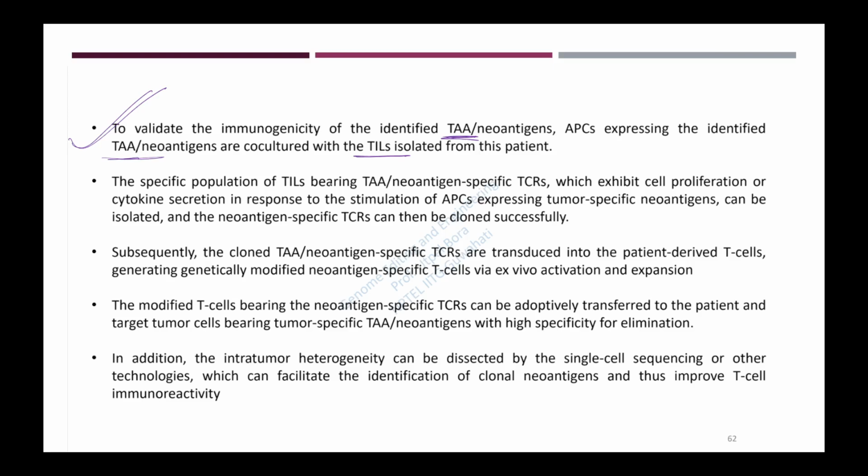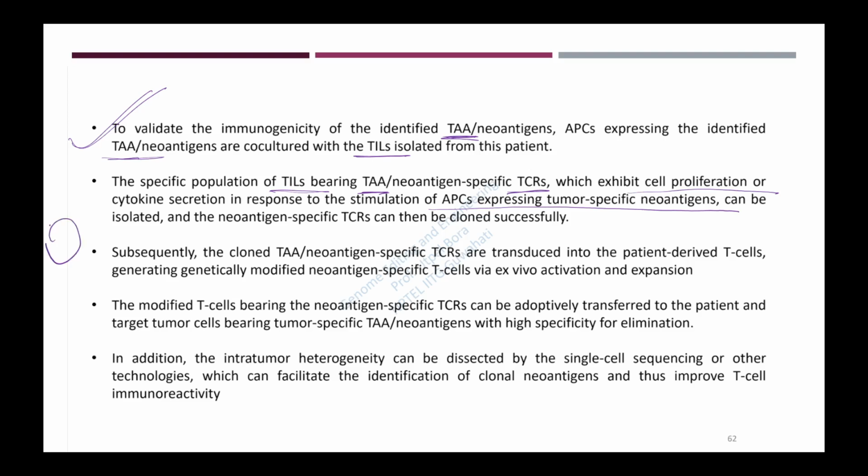So the specific population of the lymphocyte bearing these particular neoantigen specific receptors, which exhibit cell proliferation or cytokine secretion in response to the stimulation of the APC expressing tumor specific neoantigen, can be isolated. Okay. So after the co-culturing, you can just select those particular T cells that have receptors against those particular neoantigens.